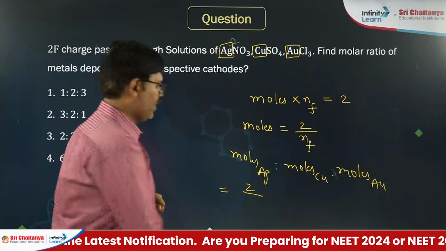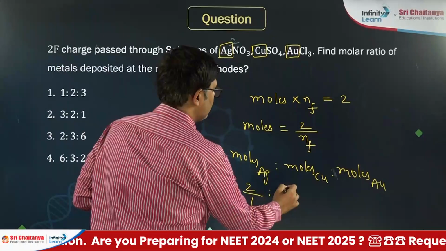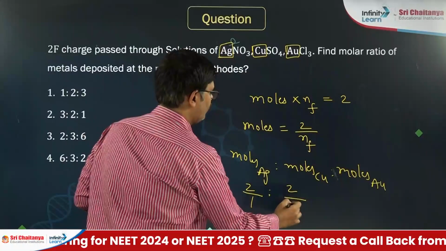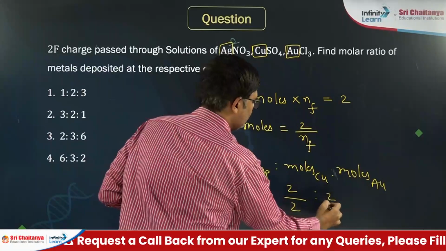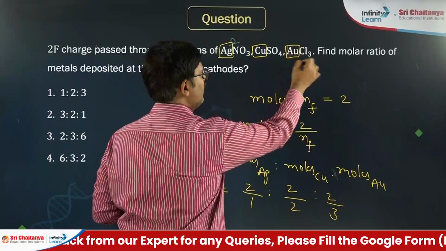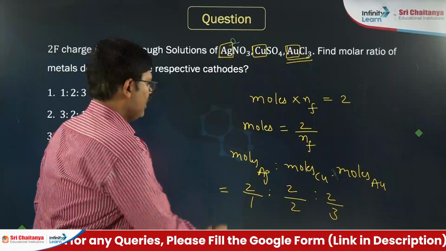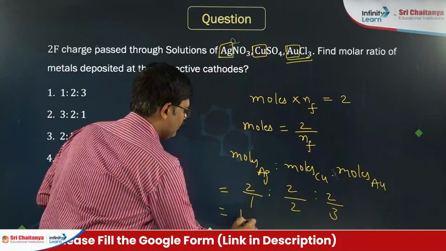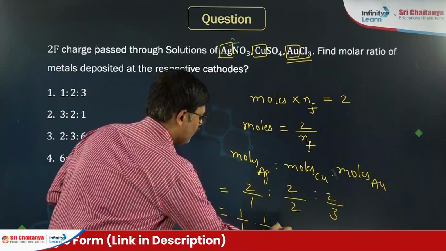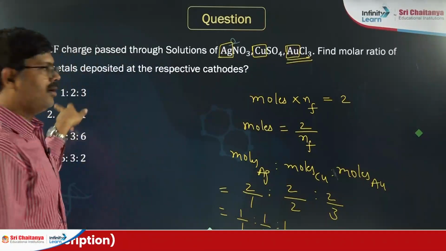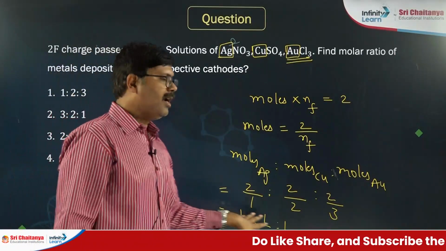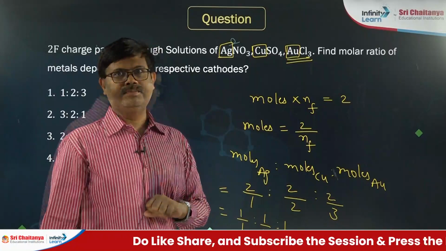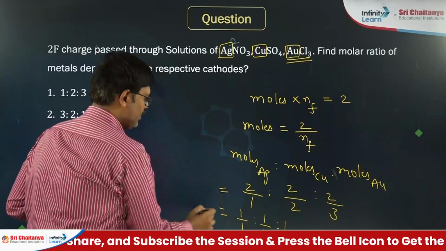So the N factor is 1, and the N factor of copper is 2. The N factor of gold is 3, as you see Au plus 3 here. So that means 1 by 1, 1 by 2, 1 by 3. That is not there anywhere in the options, if you see. So what we will do is multiply the whole ratio by 6. Then 6 into 1 is 6.